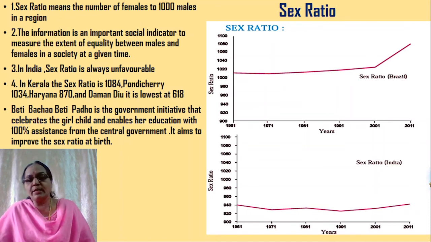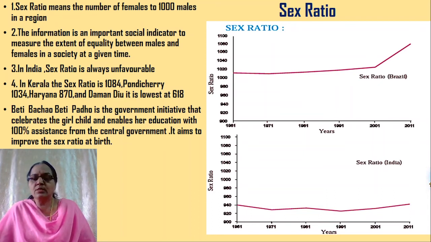That is, from 1961, the number of females has always been above 1,000. If you look at the year 2011, there have been, say, 1,080 females per 1,000 males.